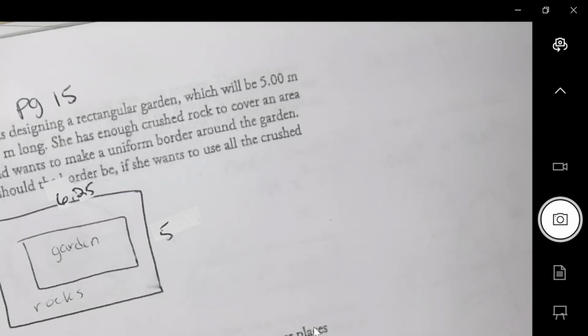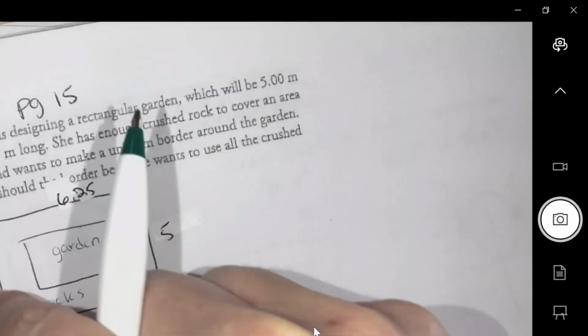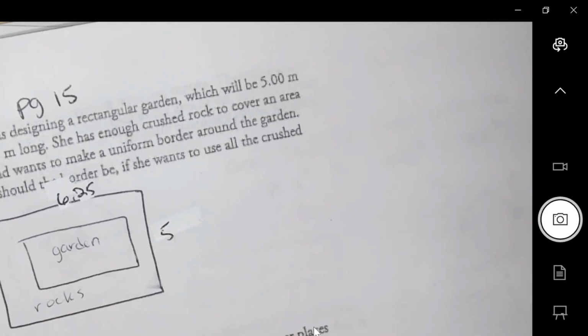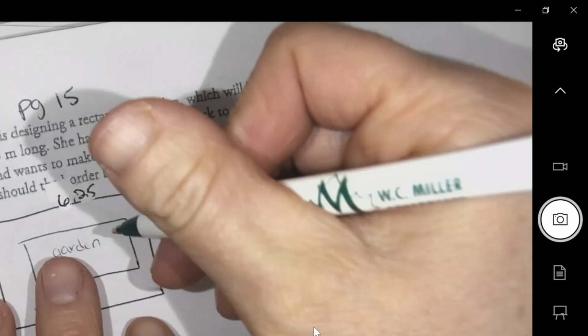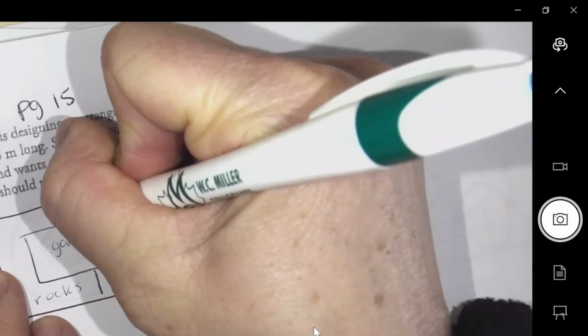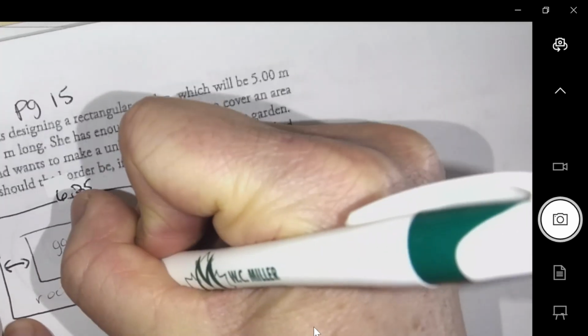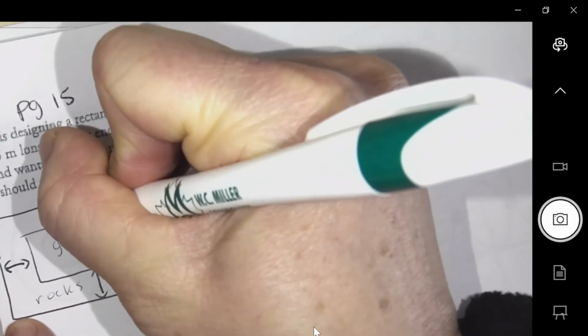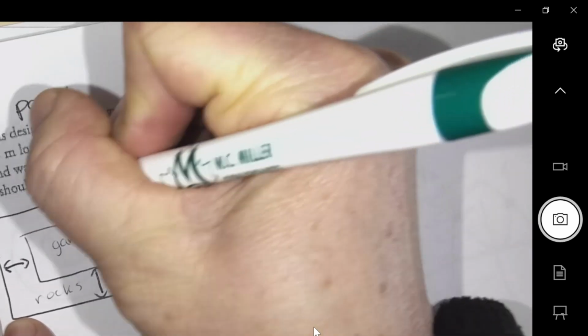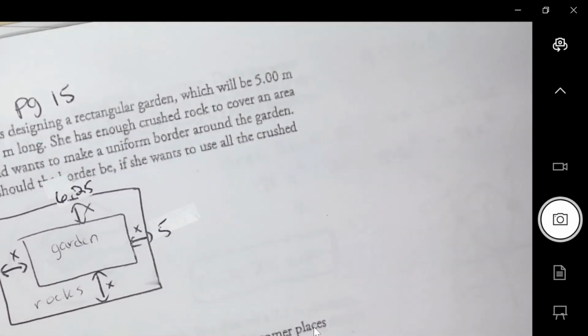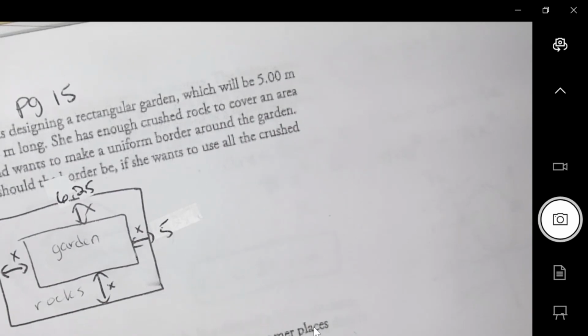Okay, she has enough rocks to cover an area of 6 meters, and obviously this border is going to be the same dimension. Whatever space is in that zone is x wide. Everywhere is going to be x wide.